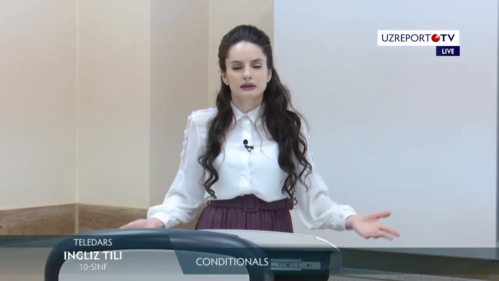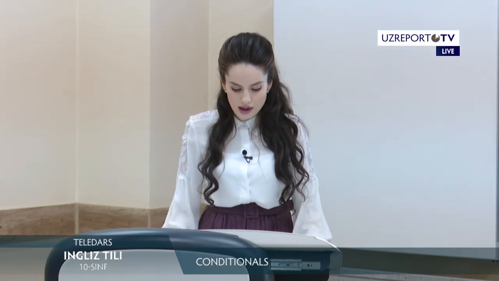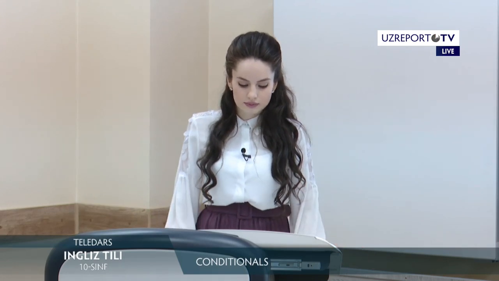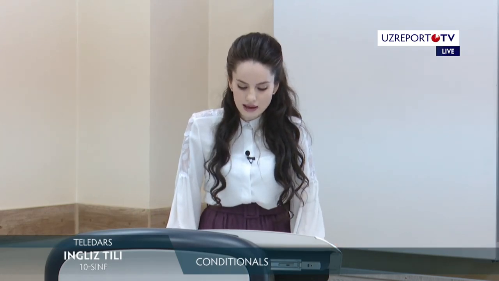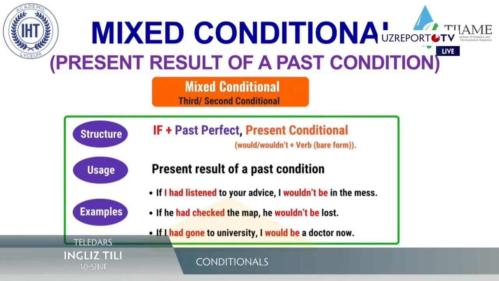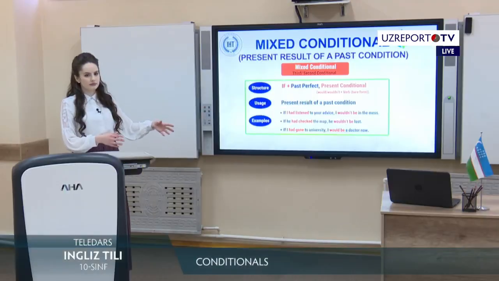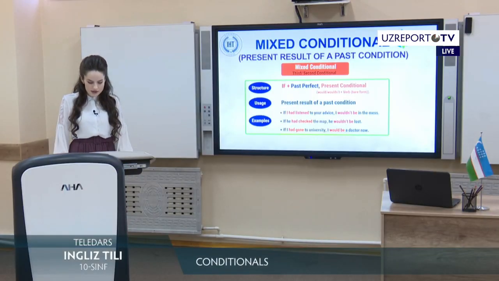But it didn't happen, that's why we have some results now. Well, or if he had checked the map, he wouldn't be lost. So, if in the past someone had checked his map, now he could easily find his way, but he is lost.